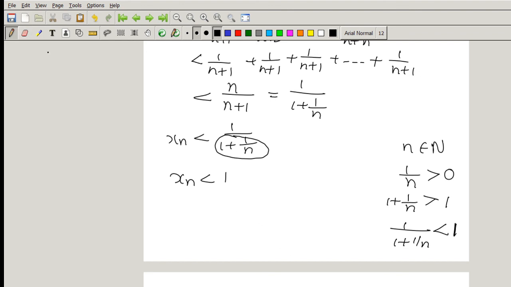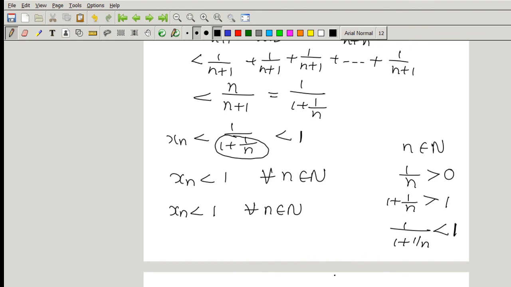Therefore, 1 by 1 plus 1 by n is always less than 1. Therefore xn is less than 1, and this result holds for all n belongs to N. xn is less than some real number for all n.